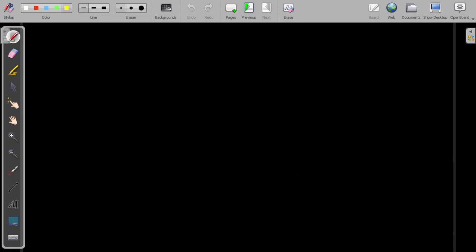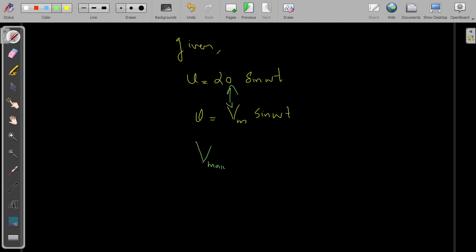Given v equal to 20 sine omega t, and the standard form is v equal to Vm sine omega t. On comparison, we get the maximum value Vmax equal to 20.